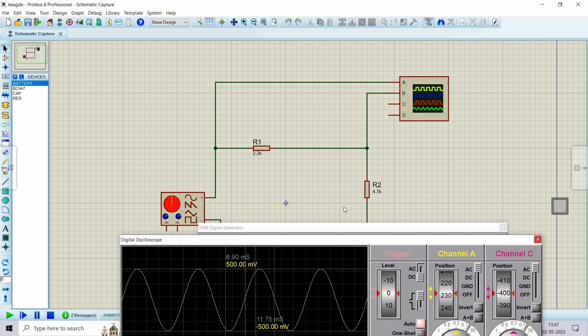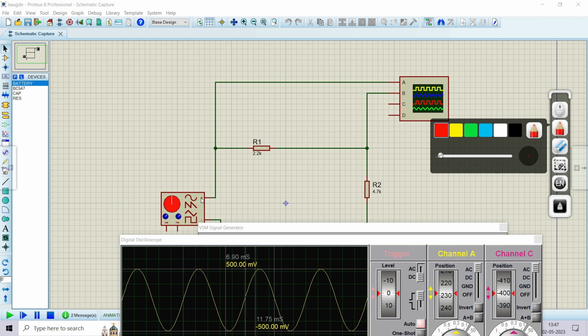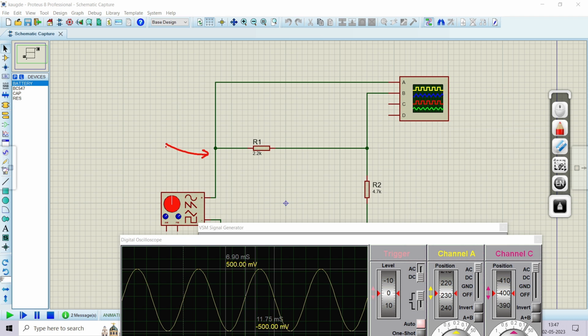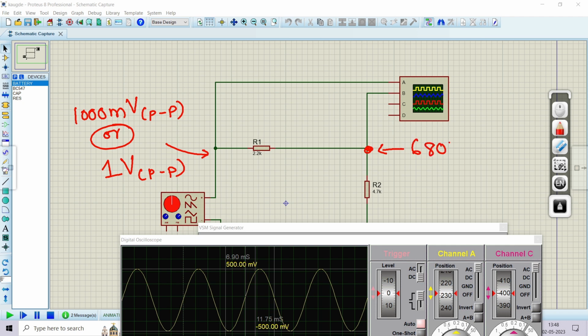That means, let me write over here as well. Over here we are providing a 1000 millivolts peak to peak signal or 1 volt peak to peak signal, and over here we are getting 680 millivolts peak to peak signal, or 0.68 times of the 1 volt.